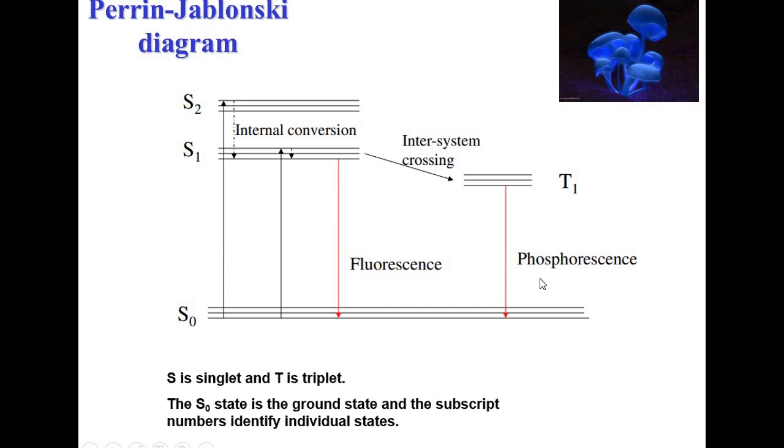This process is known as phosphorescence, and it is also a radiative pathway, but a slower process, which takes 10 to the power 3 to 10 to the power 1 second. So this is the Jablonski diagram and the different pathways by which the electrons in the excited state come to the ground state.